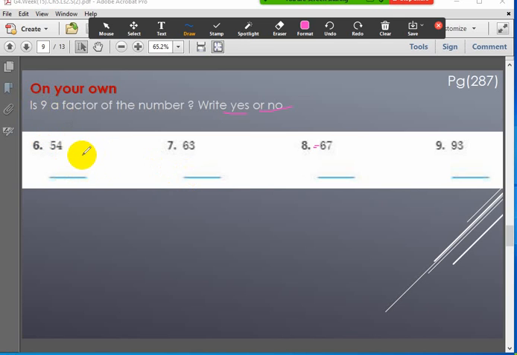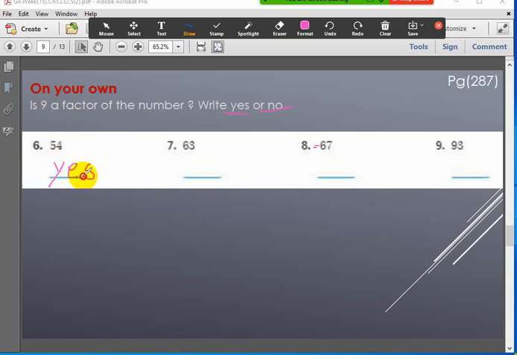You know that the rule told me that the sum of the digits must be divisible by 9. I have to add the digits here. So 5 plus 4 equals what? Equals 9. 9 is divisible by 9. Yes, that means 54 is divisible by 9, and 9 is a factor of 54.